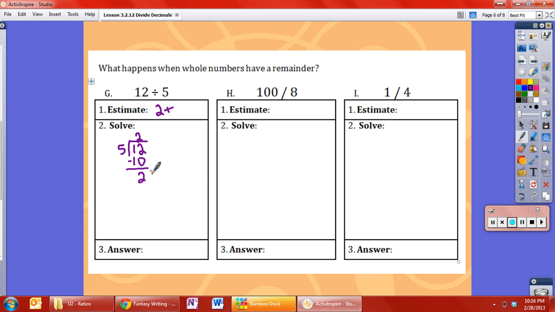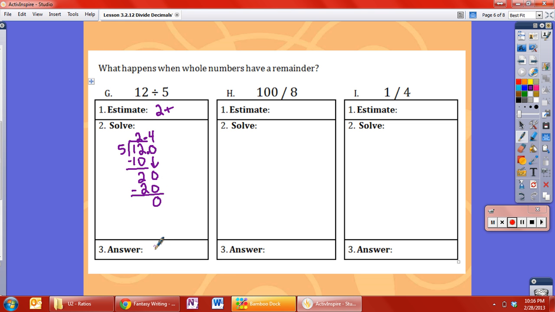I could do that as a fraction, but I want to use a decimal because that's more consistent. That's what more people use. So what I'm going to do is add a decimal and a 0 because 12 is the same as 12.0. Those are the same number, so adding that decimal doesn't hurt anything. I carry down that 0, and 5 goes into 20 4 times with nothing left over.